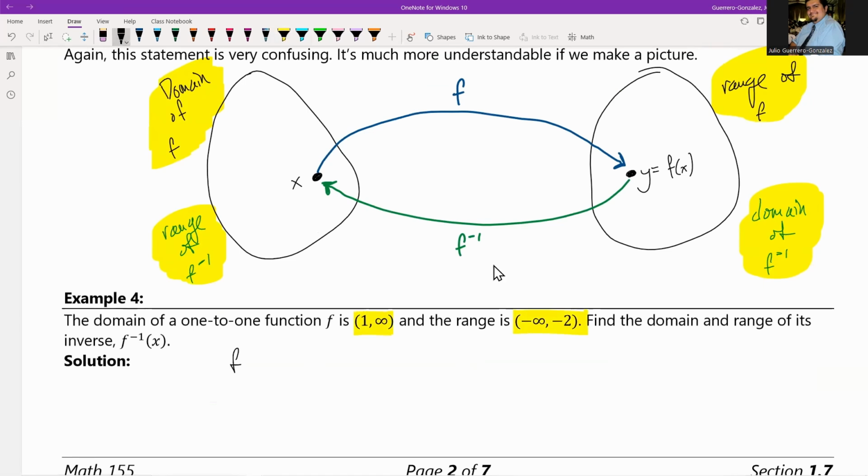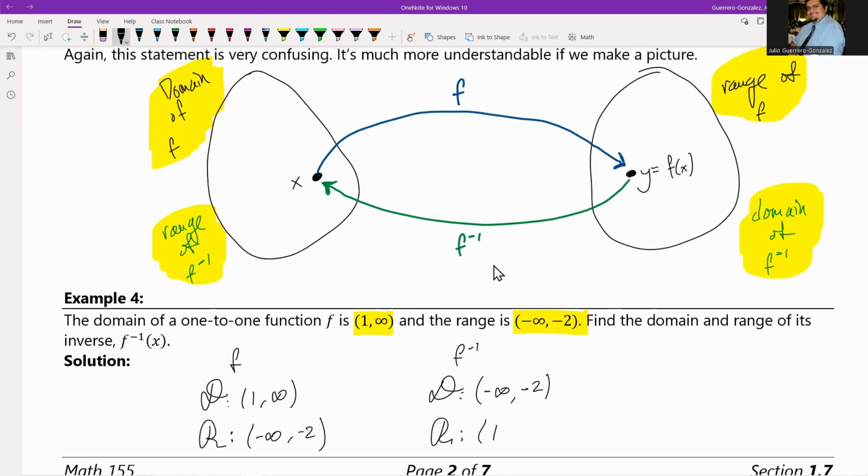So if f has a domain of 1 to infinity, and a range of negative infinity to negative 2, then for f inverse, the domain is going to be the flip. It's going to be negative infinity to negative 2, and the range is going to be 1 to infinity. We are done. That's how simple this works.